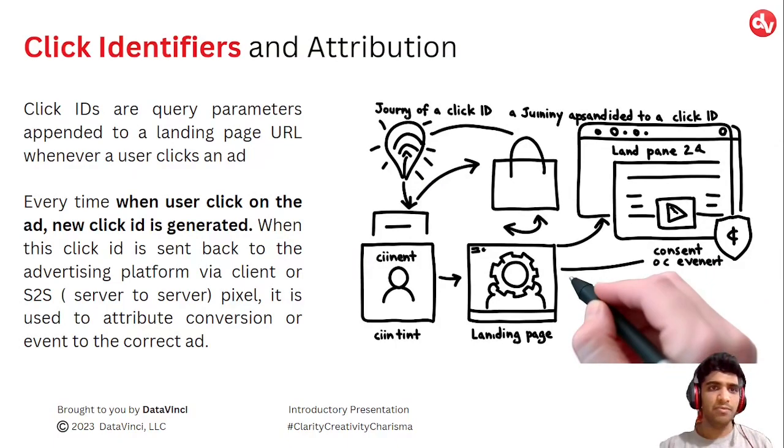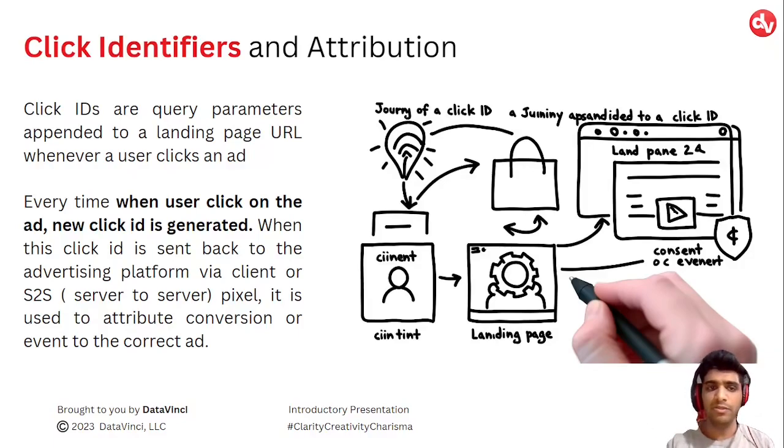Coming to a different type of query parameters that are helpful in attribution are click identifiers. These are mostly helpful for the ad platforms rather than the advertiser. So click IDs are nothing but an ID given to each click by the user.